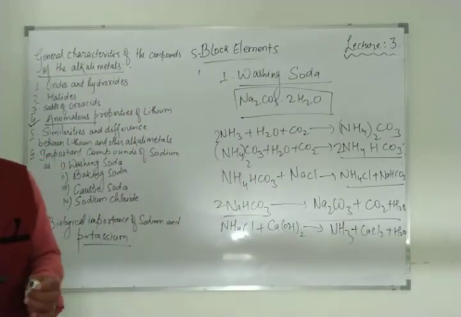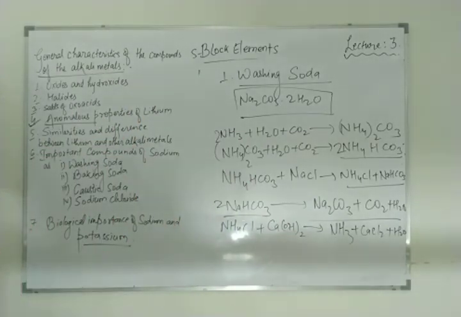It may be mentioned here that the Solvay process cannot be extended to the manufacture of potassium carbonate because potassium hydrogen carbonate is too soluble to be precipitated by the addition of ammonium hydrogen carbonate to a saturated solution of potassium chloride.